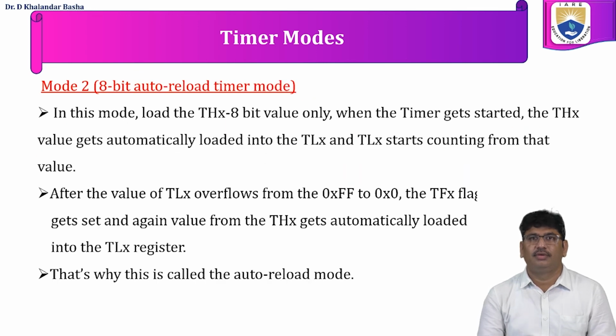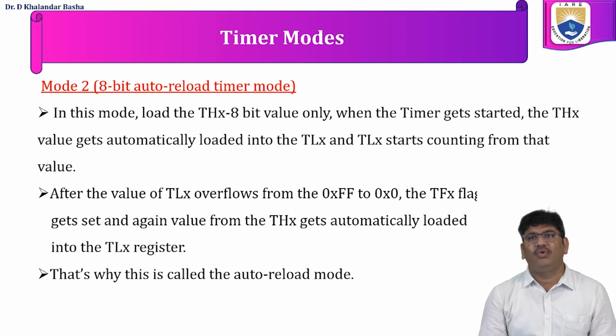The next one is mode 2, which is 8-bit auto reload timer mode. In this mode, load the THX 8-bit value only. The counting will take place with only TLX. When the timer gets started, the THX value gets automatically loaded to TLX register and TLX starts counting from that particular value.